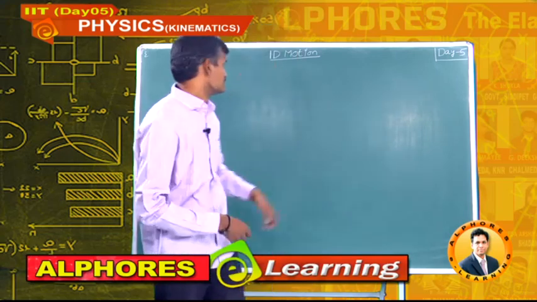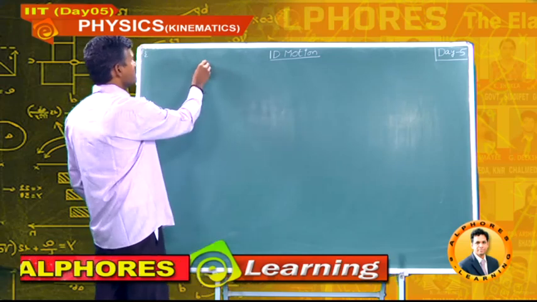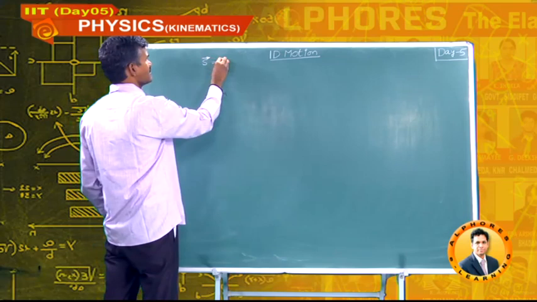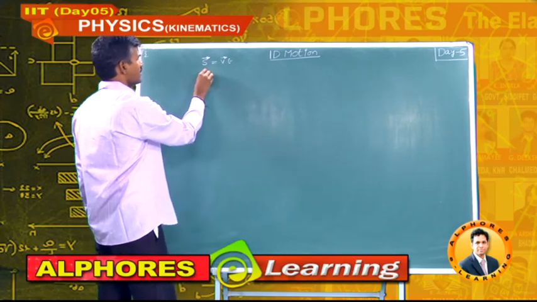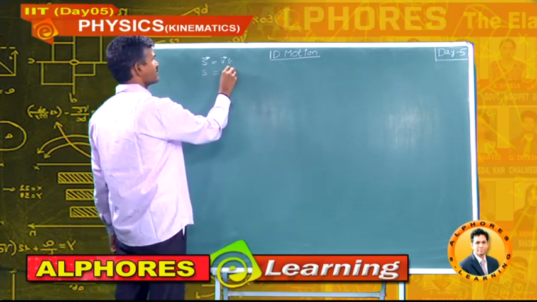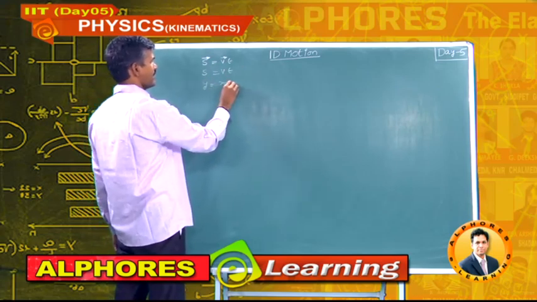First graph is displacement time graph. Actually, if a body is in uniform velocity, this S bar can be written as V bar into T. So, if you write in magnitude form, this S is V into T. So, this is just like y equal to mx.